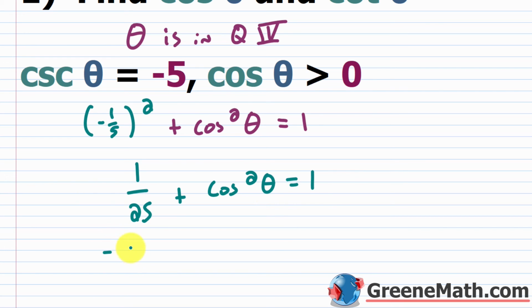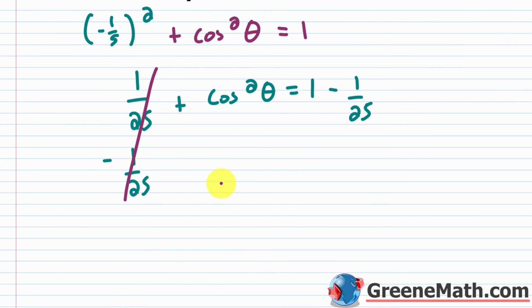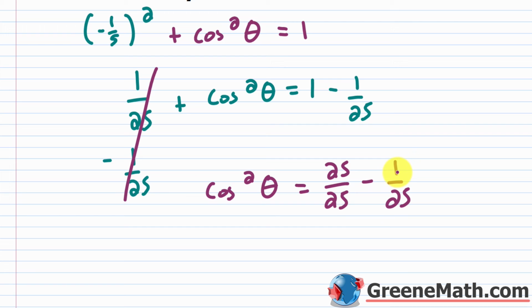So let me subtract 1 over 25 away from each side of the equation. And from here, this will cancel. So you'll have that cosine squared theta is equal to, I'm going to write this as 25 over 25 so I can have a common denominator. And we're subtracting away 1 over 25. So 25 minus 1 would be 24. So this is 24 over 25.